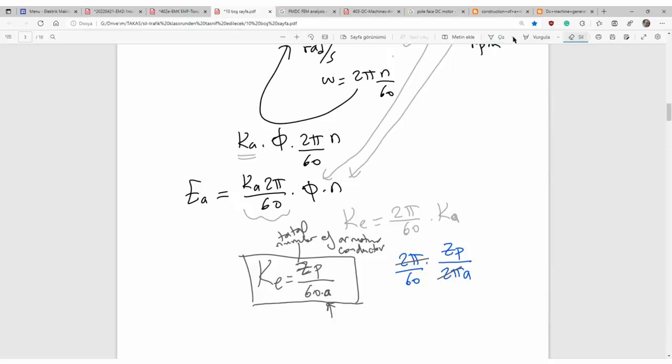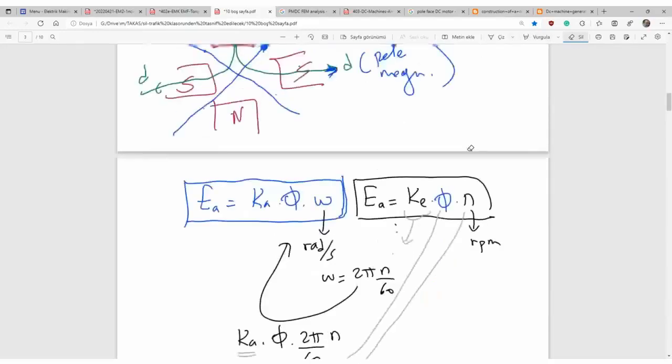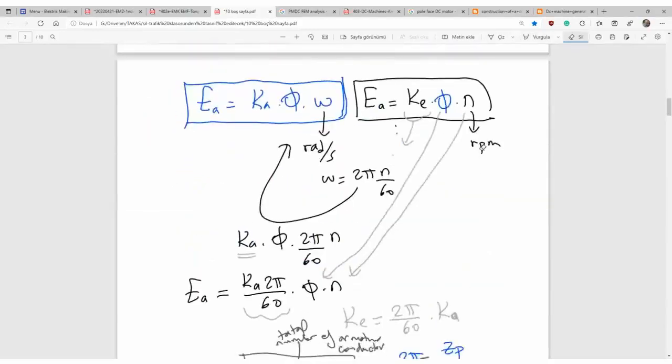All those have similar meanings because that is a coefficient. That is a coefficient and constant after the manufacturing process. That is related with RPM speed. That is related with angular speed. That is the relation between those two. So just a different expression.